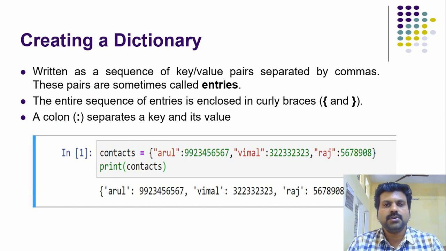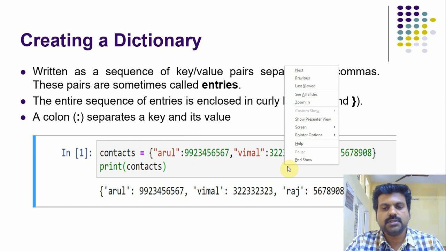Let us see one example of how to create a dictionary. What's the structure of a dictionary? For example, if you want to create a dictionary for storing contact details of multiple persons, we can create a dictionary object like this, contacts, and you write an open brace, inside it the first person's name, followed by the contact number of the person, separated by a colon. Each item you have to separate by commas, followed by the next person's name and the next person's contact number.